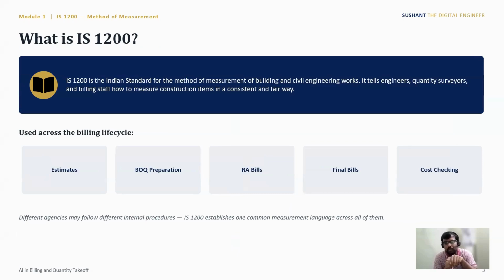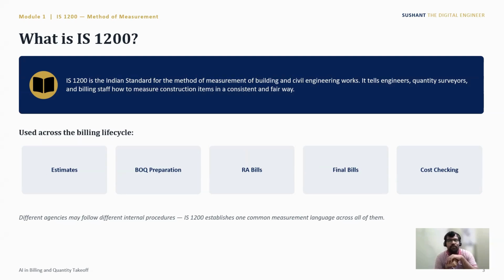First of all, we need to understand what our IS code says. The IS code we are referring to is IS 1200. IS 1200 is the Indian Standard for the method of measurement of building and civil engineering work. It tells engineers, quantity surveyors, and billing staff how to measure construction items in a consistent and fair way. It is used across the billing life cycle: estimates, BOQ preparation, RA bills, final bills, and cost checking.